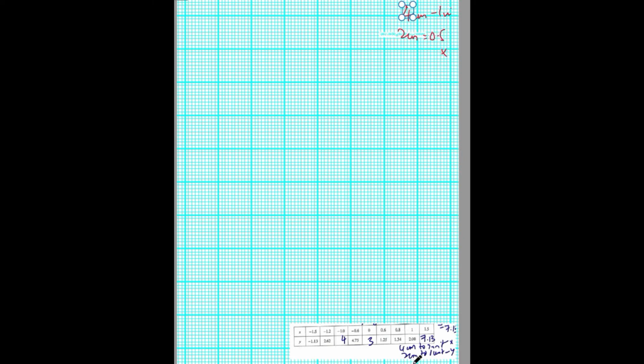For y, 2 cm to 1 unit. The range of x is from -1.5 until 1.5, so it is equal for positive and negative. And y is from -1.13 up to 7.13, so the positive side is longer than the negative side.